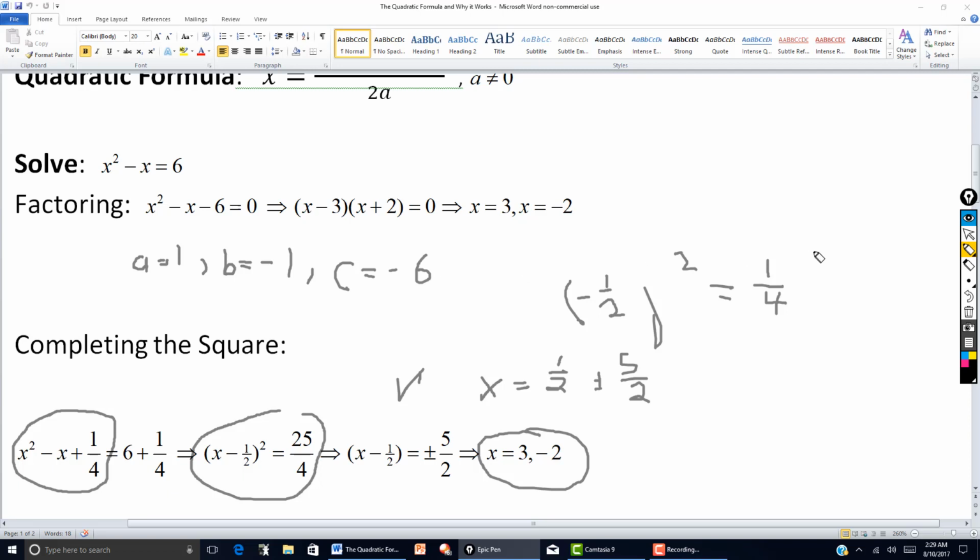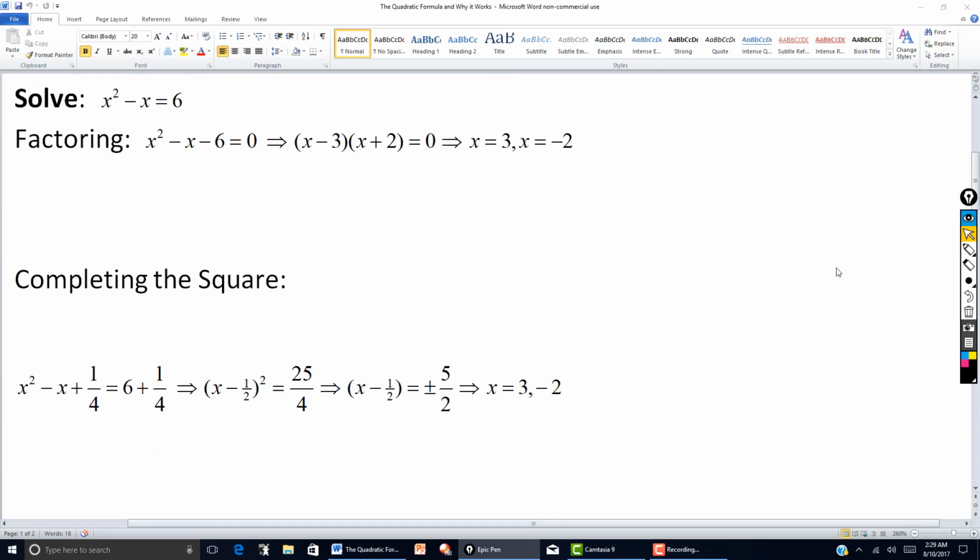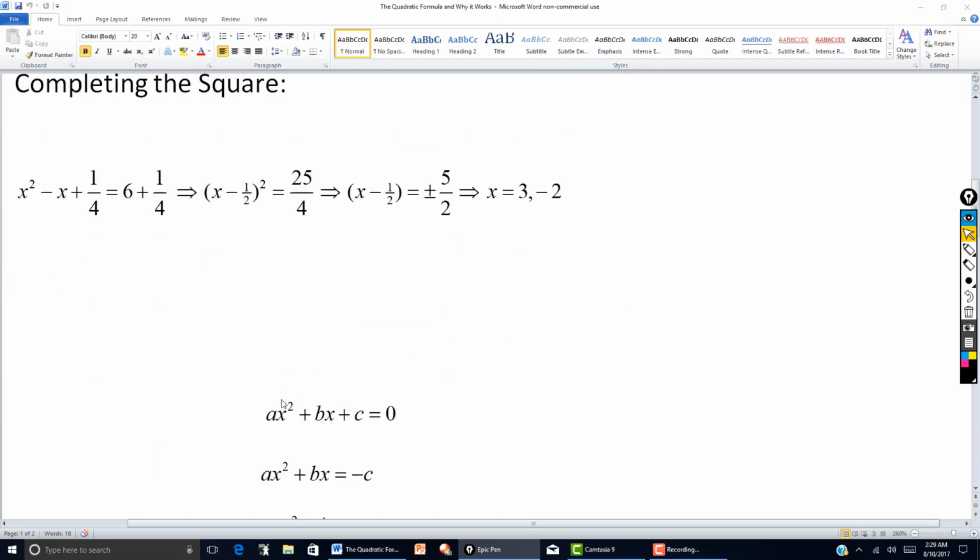So here's what we're doing. We're taking the equation ax squared plus bx plus c, except in this case we're leaving a, b, and c as constants. We're not putting in actual numbers. We treat a, b, and c just like they were numbers, like in this equation here, 1, -1, and -6.